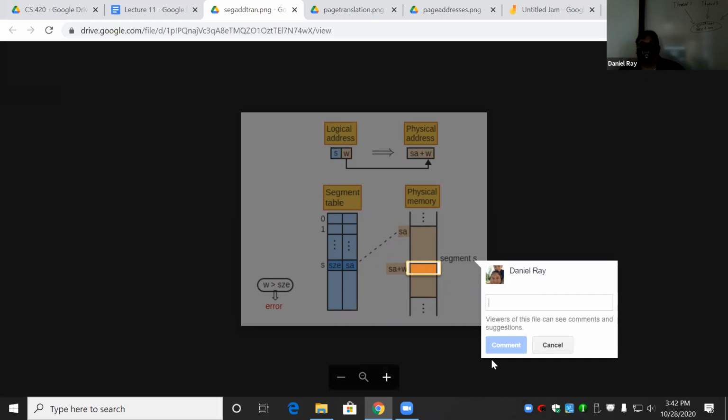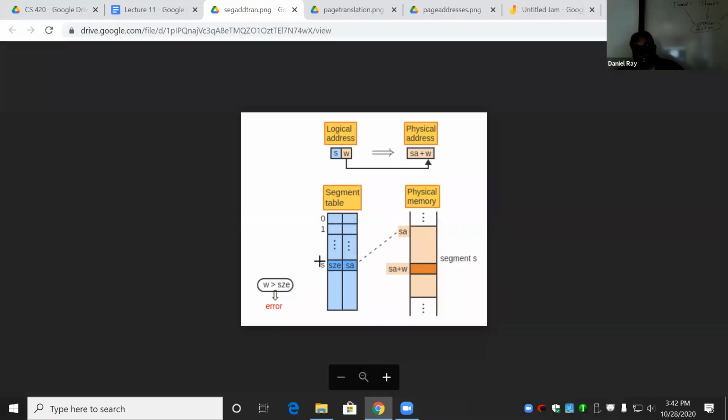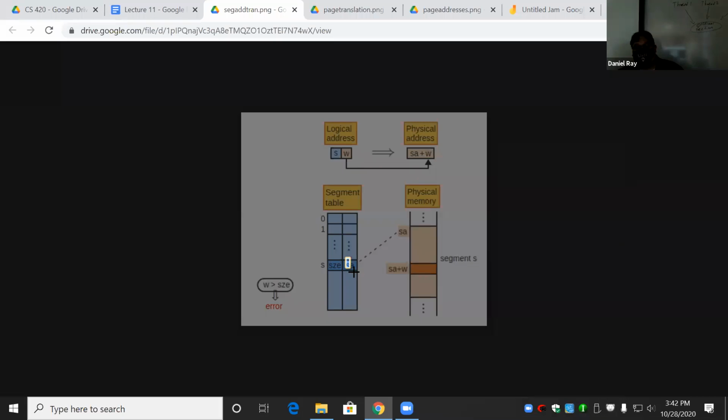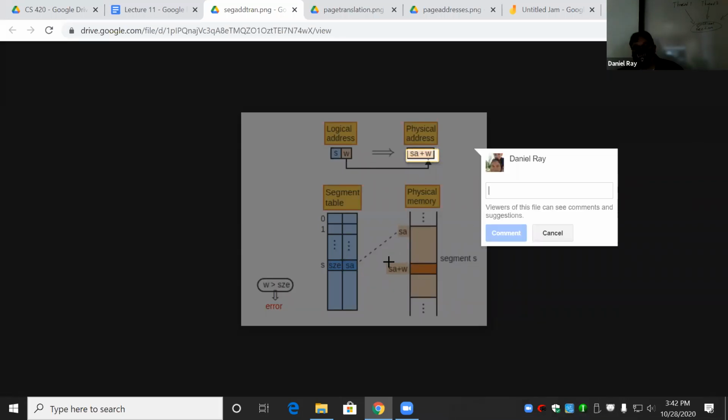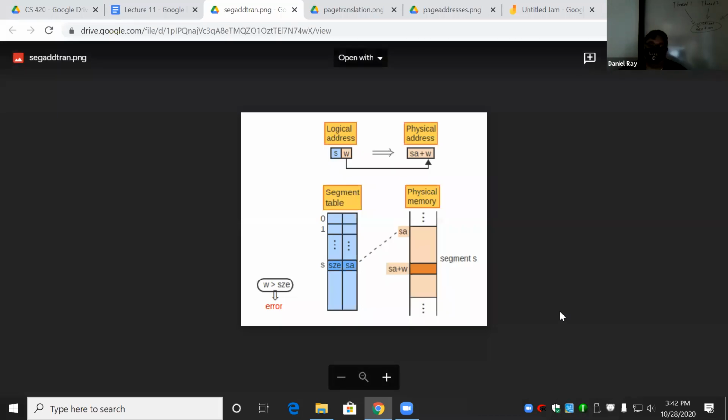So by looking up S in the segment table, checking that W is not bigger than the size, finding SA, and then doing SA plus W, we get the location of the logical address SW that you were searching for. That's how you translate from a logical address into a physical address under segmentation.